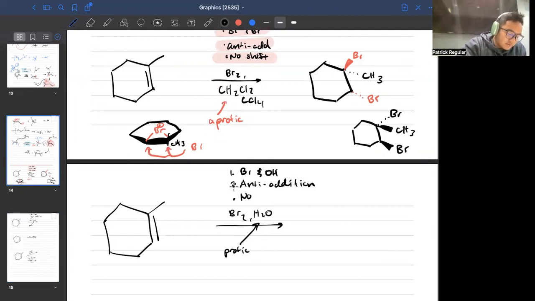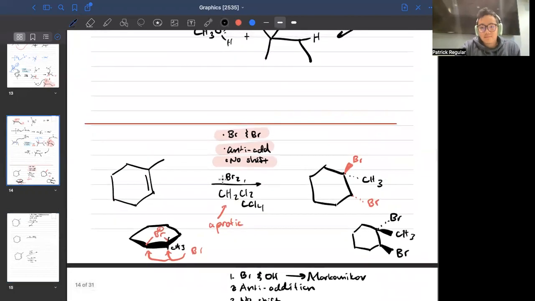No shift. And additionally, this is Markovnikov. What about up here? Is this one Markovnikov? Yes and no. You're adding the same atom across. Markovnikov does not matter here.